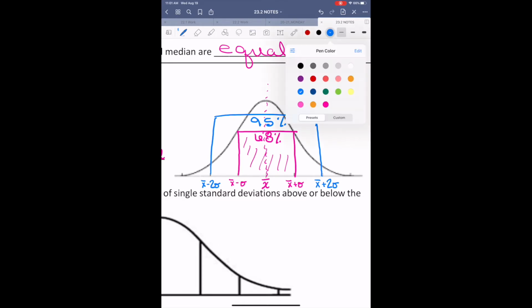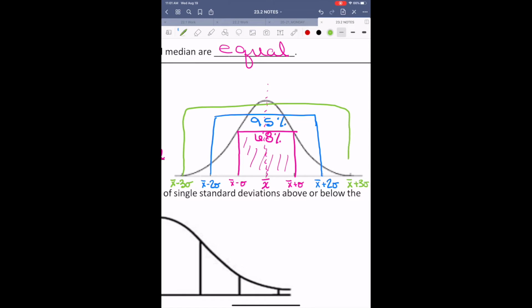Okay, and finally we have 3 standard deviations. So we do the same: mean minus 3 standard deviations and mean plus 3 standard deviations, and this makes up 99.7% of the data.